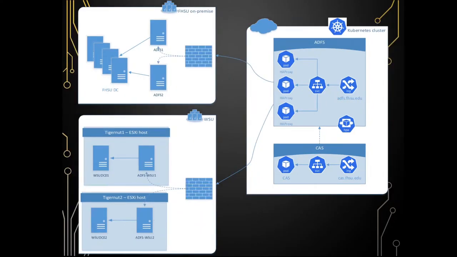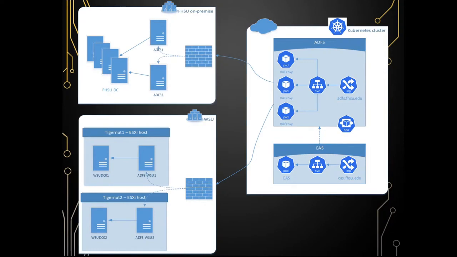Fast forward a little bit, we eventually got rid of the pyramid of load balancers and just use port forwarding on the border firewall so that HAProxy pods on GKE can talk directly to the ADFS servers on our private network.